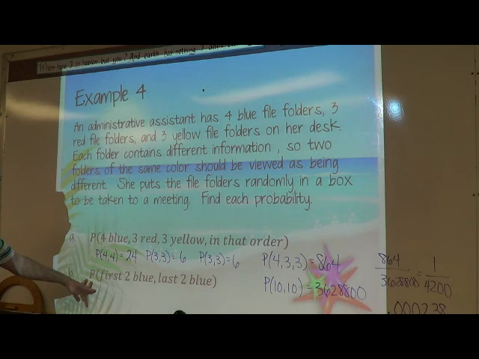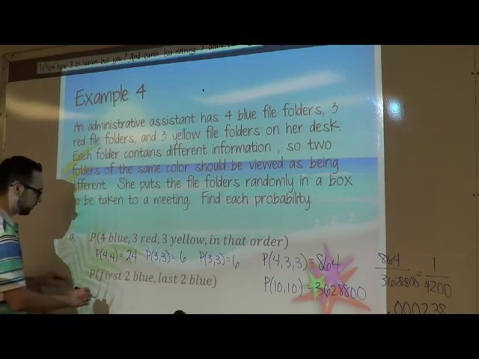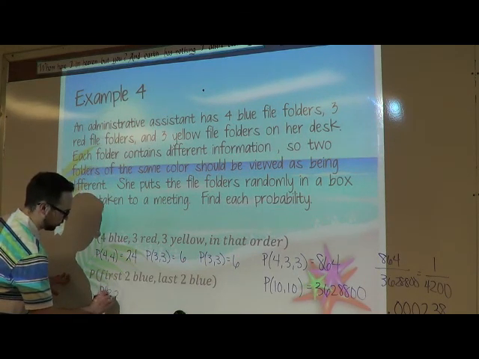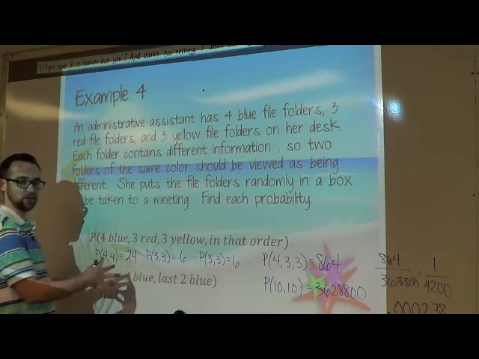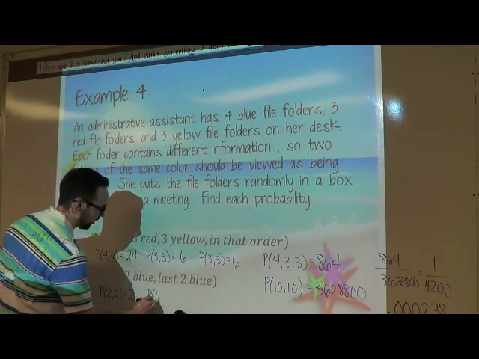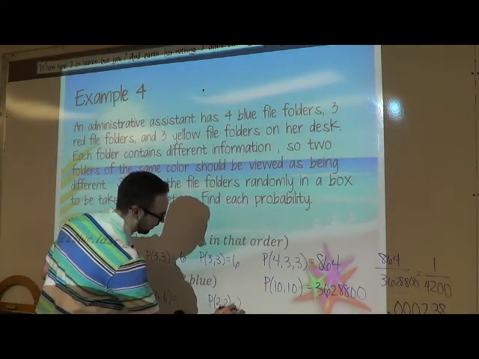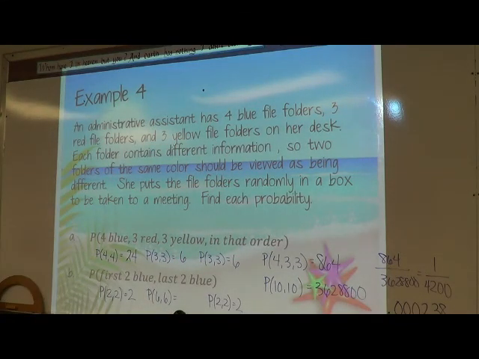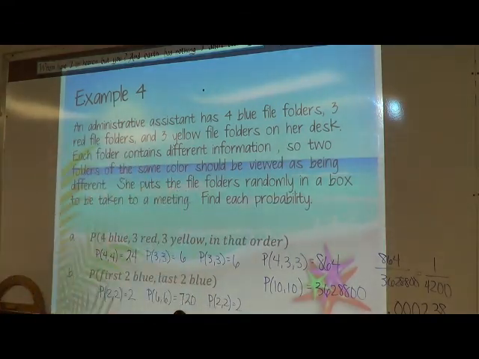Now, for the first two being blue and the last two being blue, you'd have a permutation of 2 choose 2, which is just 2. Then you have 6 folders in the middle. We don't care what order they're in. So you just have the permutation of 6 choosing 6, and then at the other end of it, you have the 2 again. So the permutation of getting 6 is 720. So again, 720 times 4 is 2880.